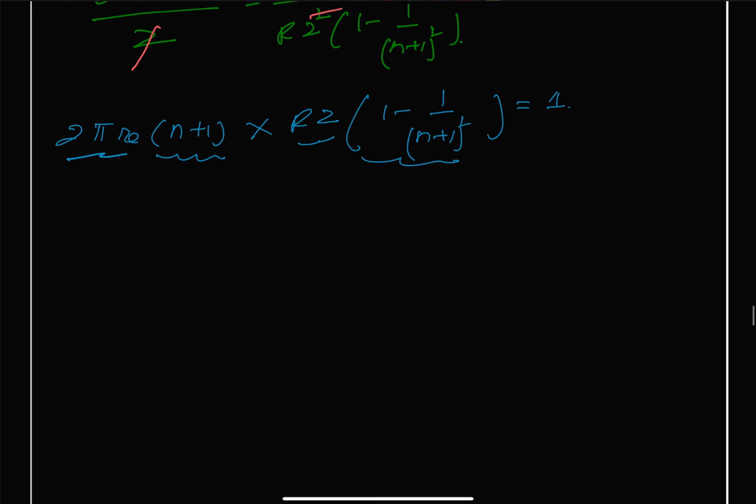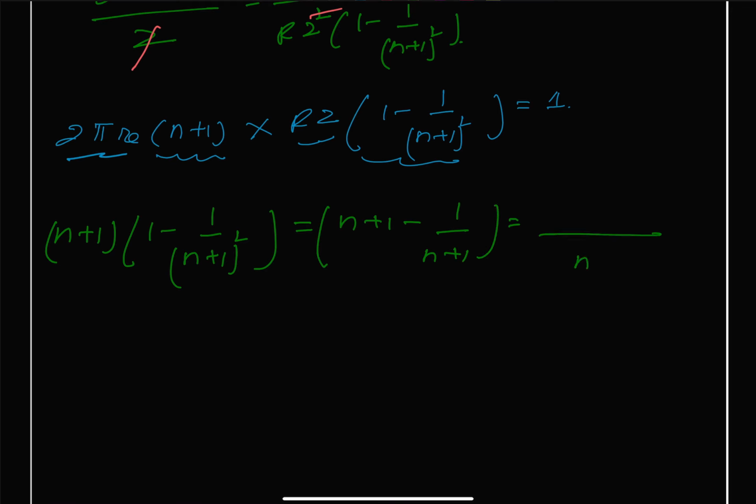Okay, so let's write that n plus 1 into (1 minus 1 upon (n plus 1) whole square). If you multiply inside by n plus 1, this comes as n plus 1 minus 1 upon n plus 1. This gives us n plus 1 as our LCM. So we are left with (n plus 1) whole square minus 1.